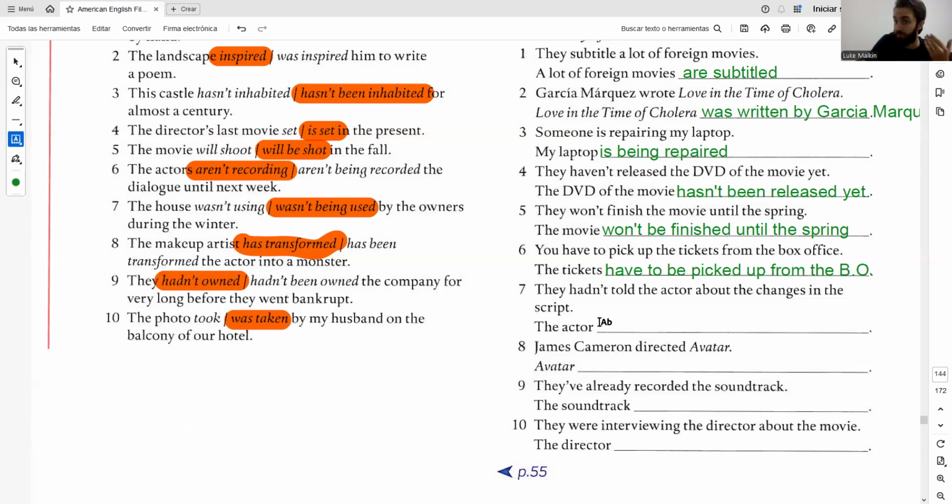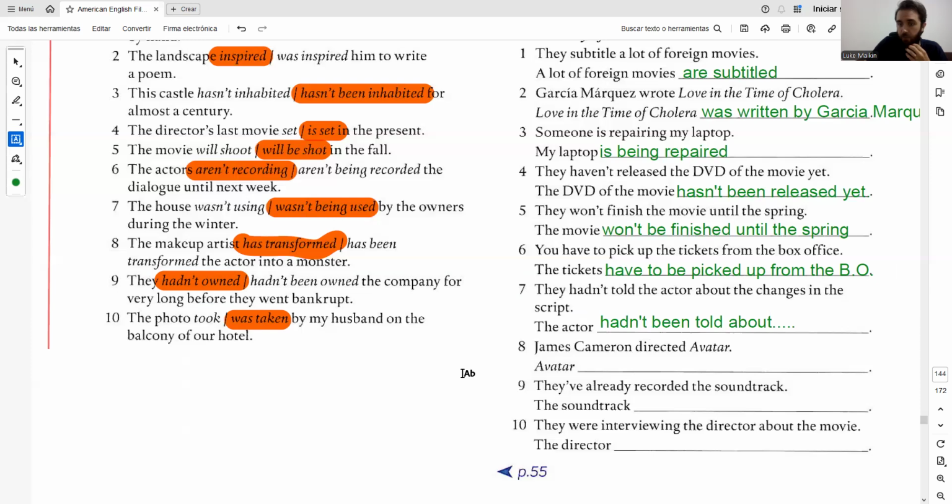This is past perfect. So past perfect for the verb to be, like this. Hadn't been, hadn't been. And our verb is tell, past participle, told. Hadn't been told about the changes in the script.